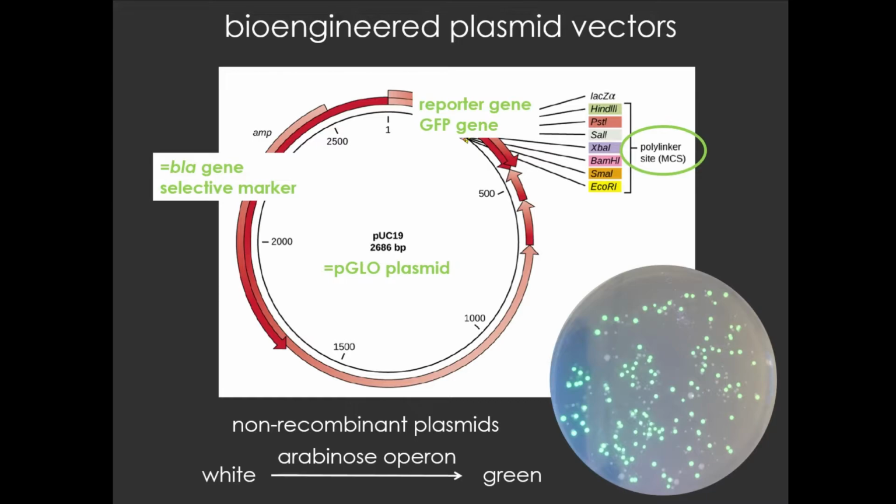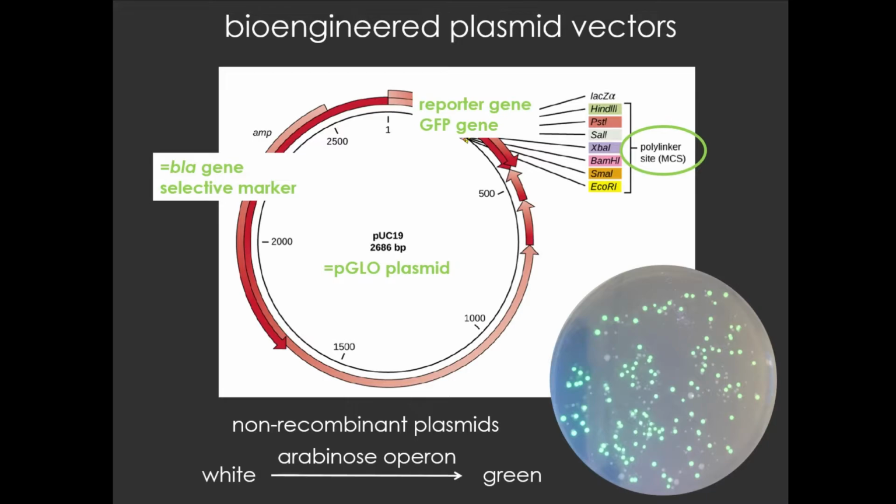So first, to point out the similarities, one similarity is the fact that it also contains the bla gene, which is the selective marker for cells that are resistant to ampicillin. It also has an origin of replication, so that it is a self-contained piece of DNA.